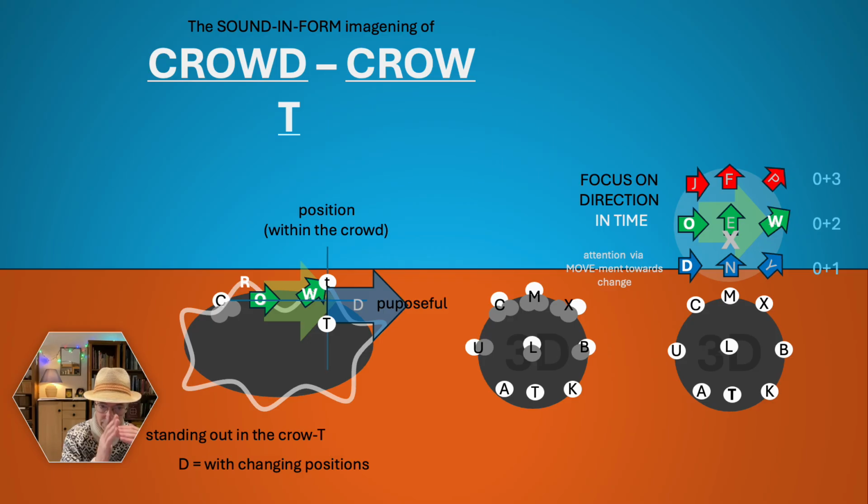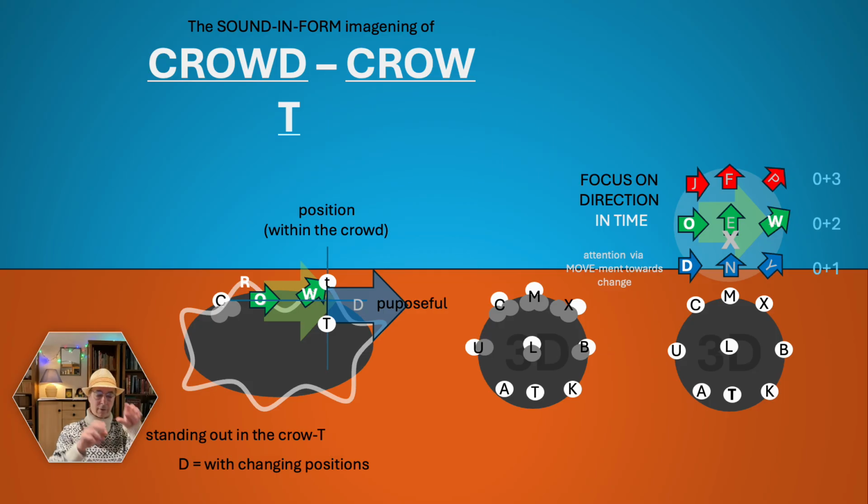So you have a position here with the T inside that crowd, let's say, and with D it gives it a purposeful destination as well, so that you can do something with it.